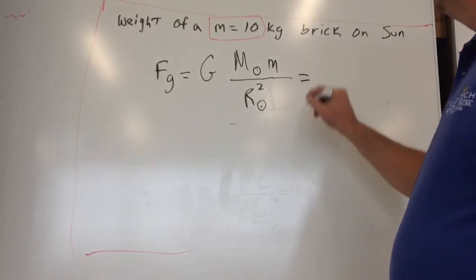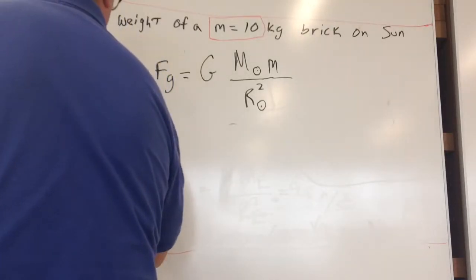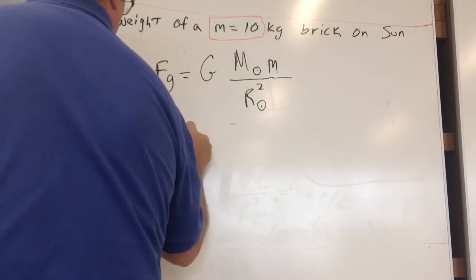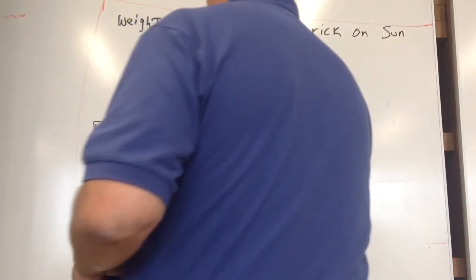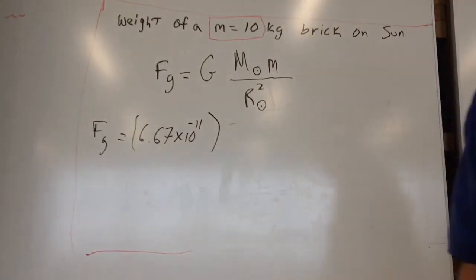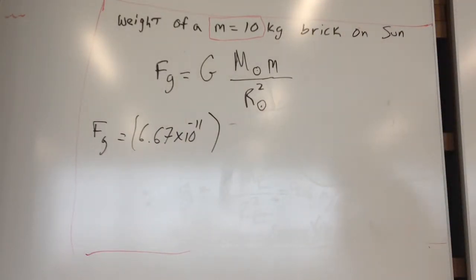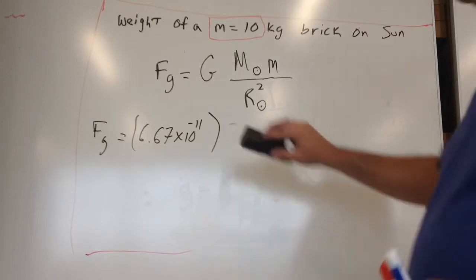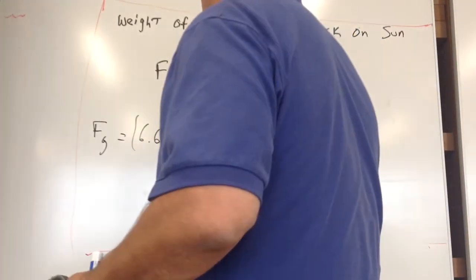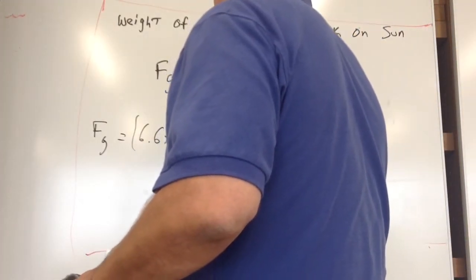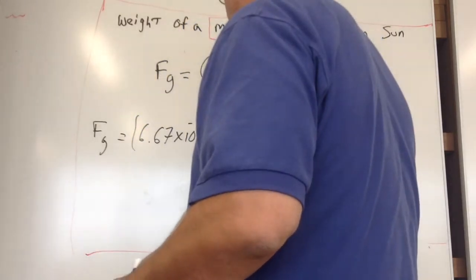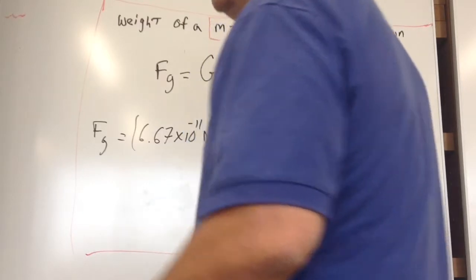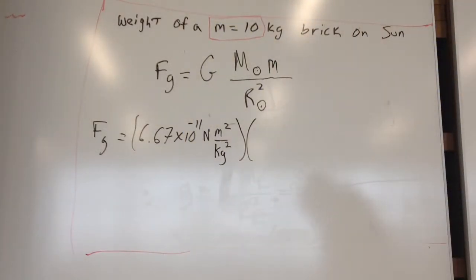But 6.67 by 10 to the negative 11, times the mass of the sun. I'm being lazy with units here. I shouldn't. Sorry, kilogram. Mass of the sun is 1.99 by 10 to the 30.